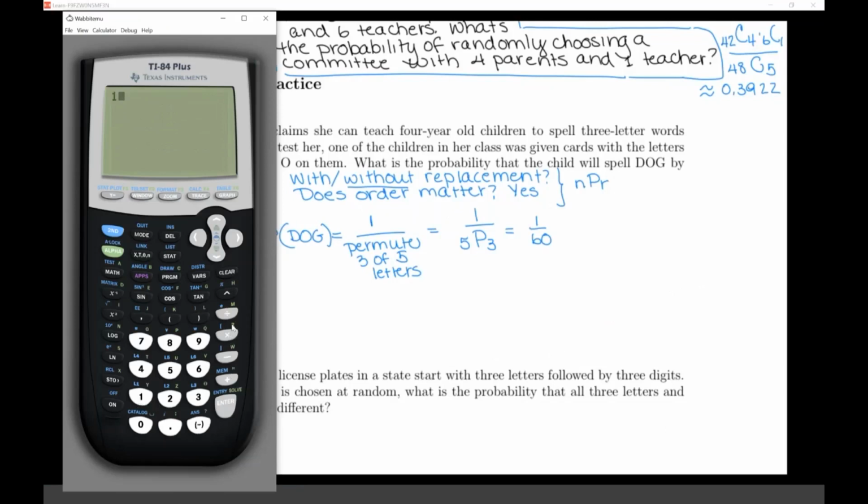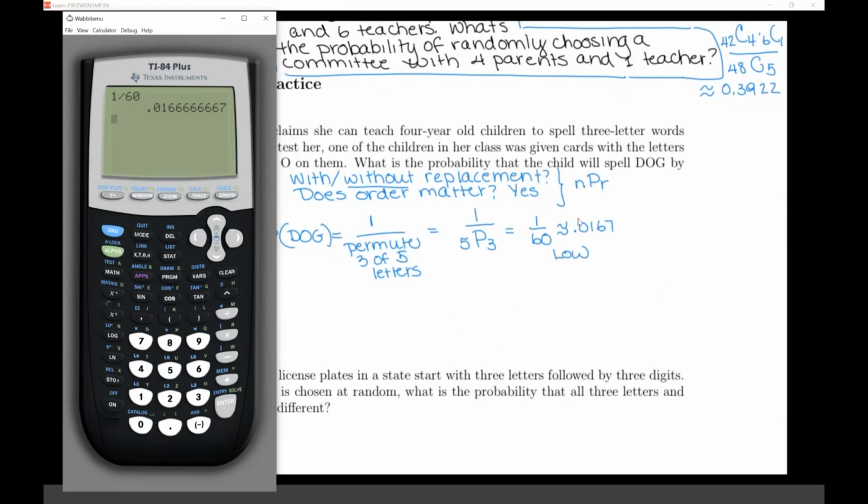Well, you can always take 1/60th and render it as a decimal, and you get 0.016666, which is a little bit more than 1.5% chance. So that's a pretty low probability. Low probability the child will do it just by chance.